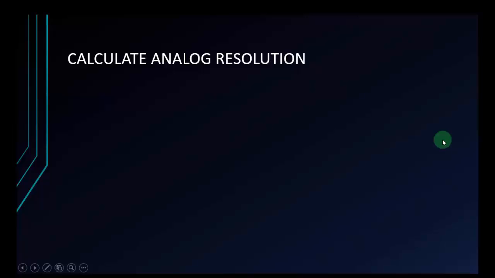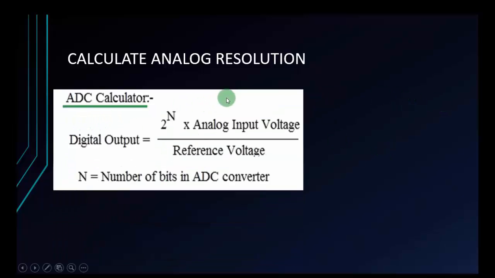Next is calculating the analog resolution. The resolution is the 10-bit value we will get. Here is the formula to calculate it. The ADC here means analog to digital converter, and digital output here means the value we want to get. The digital output is 2 to the power n multiplied by the analog input voltage.